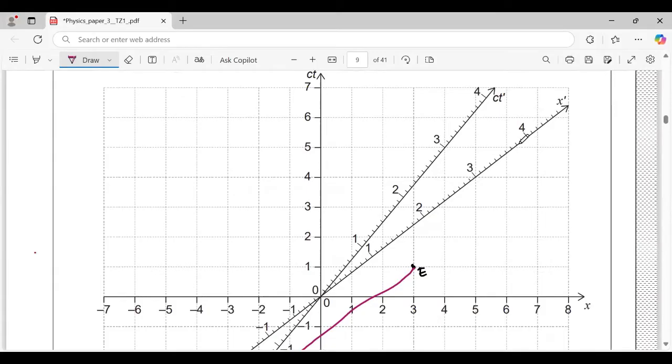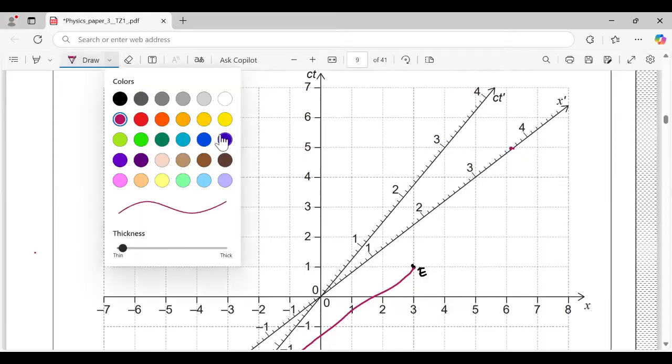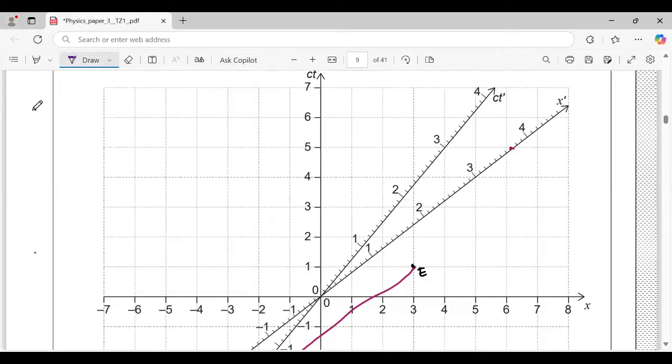This one, 7, 8, 9. Yeah, this one, 7. Okay. I'm going to use a different color. You may use your ruler to sketch this, right?